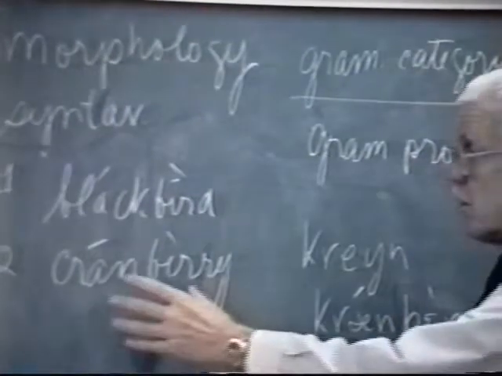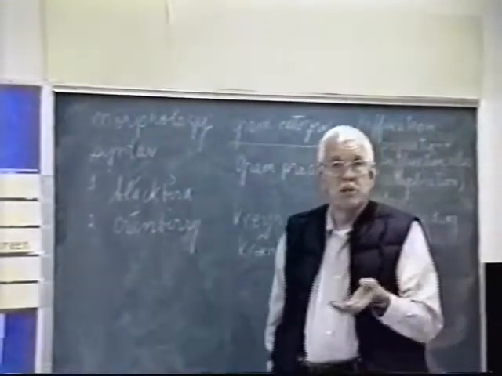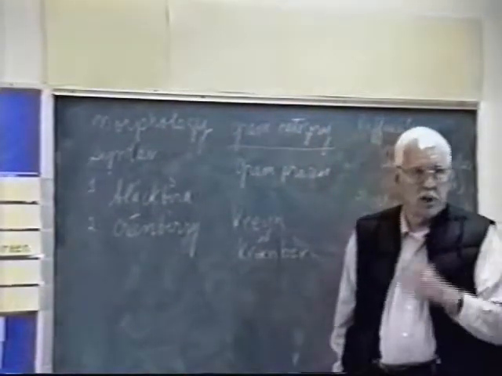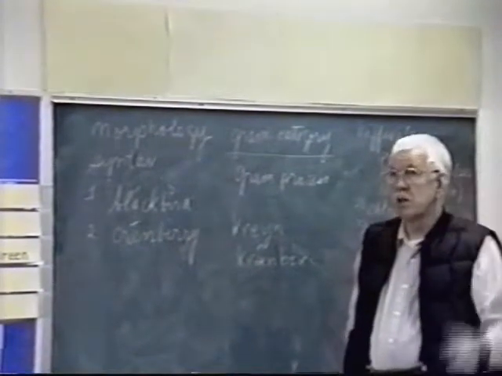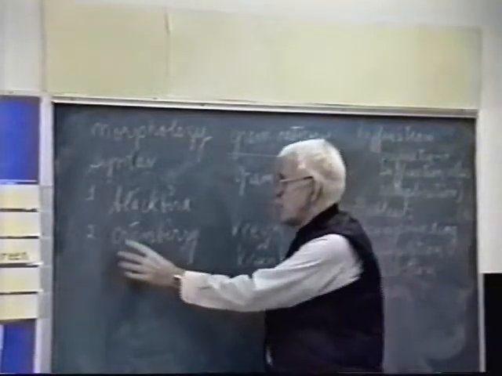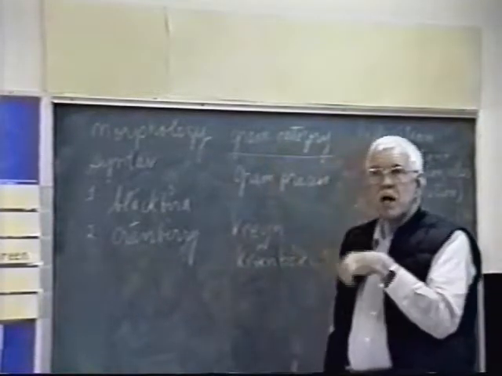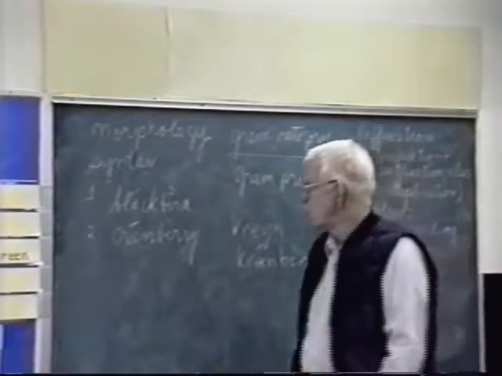But anyway, in the cranberry type of compounds, one of the elements, the second element, is words that occur in the everyday language, but the first element is slightly different from the related word in the everyday language.